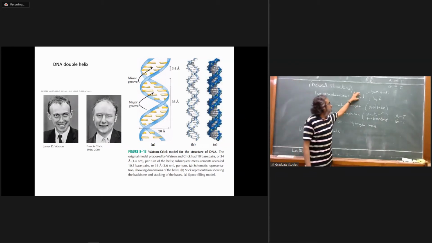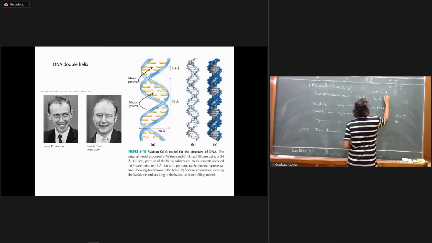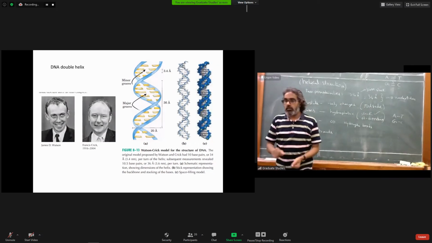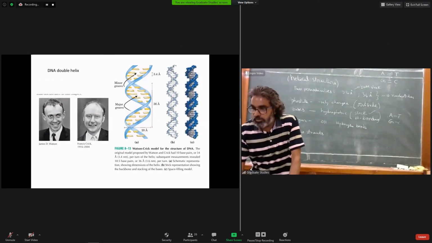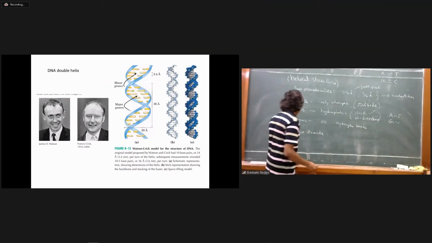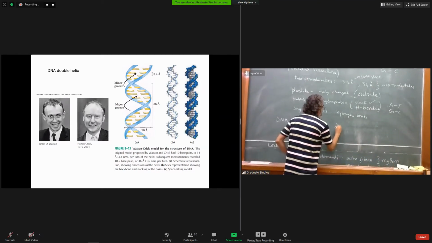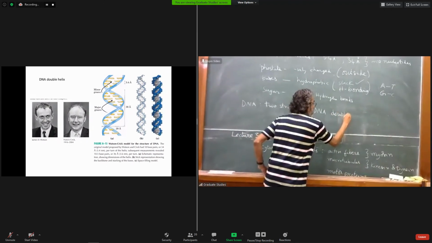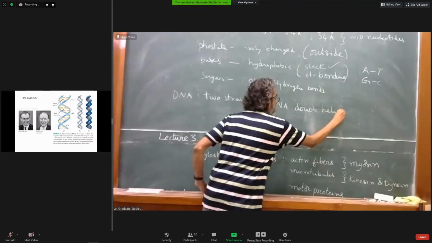The rise is 3.4 from one base to the next in the stack, and 34 is the repetition of the structure, roughly about 10 nucleotides as you move along one of the strands. This gives rise to the famous DNA double helix structure, as we know it today.